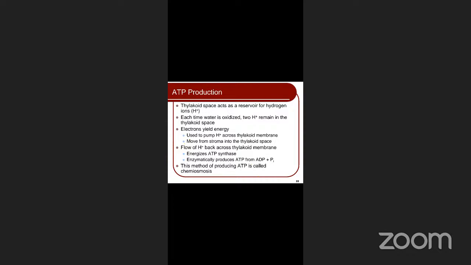Types of pigments: chlorophyll, carotenoids, phycobilins, and phytochromes. We also discussed the light absorption spectrum, some mechanisms, the Hill reaction, the Emerson enhancement effect, and the Z scheme in this photosynthesis topic.